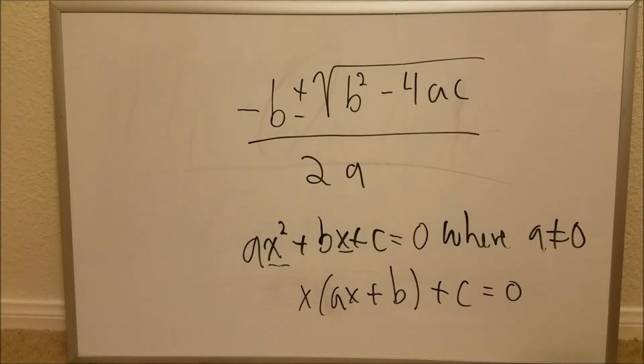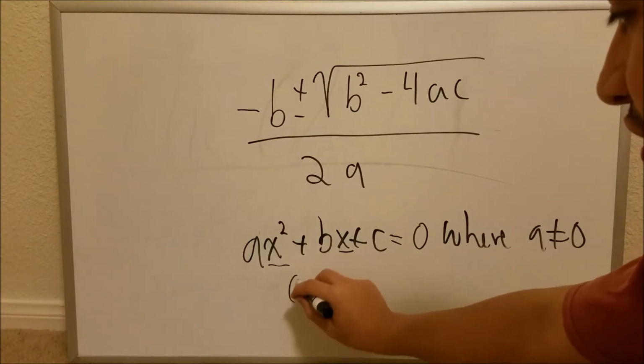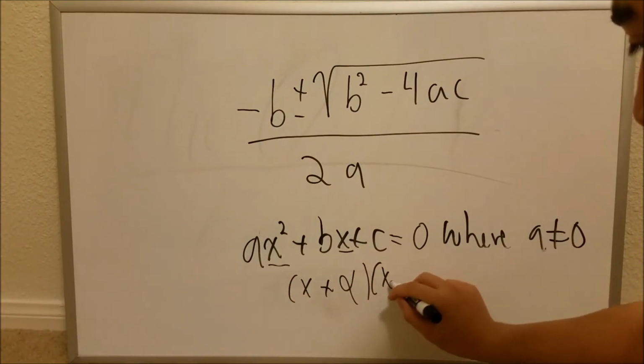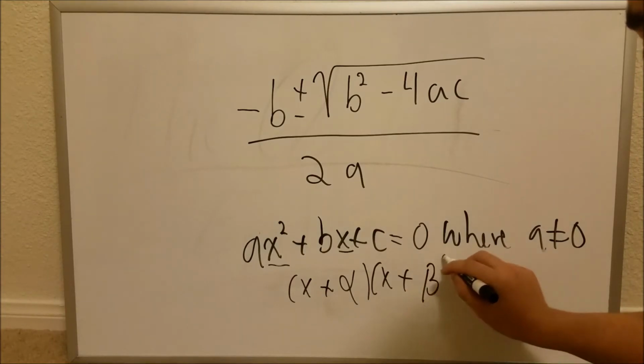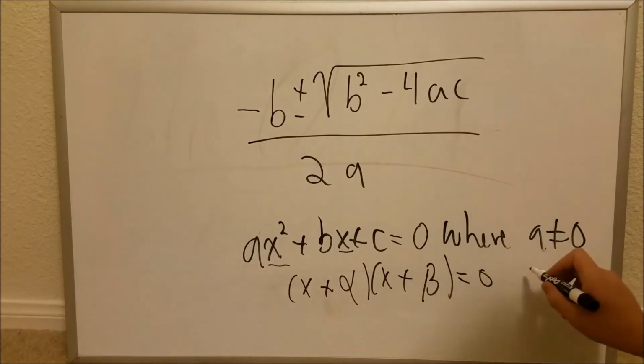But we do know one thing, that when we do find the values of x, we can express them in a grouping form, like such: x plus alpha times x plus beta. So all we're looking for is two values, alpha and beta. Well, wouldn't it be nice if alpha and beta were the same value?